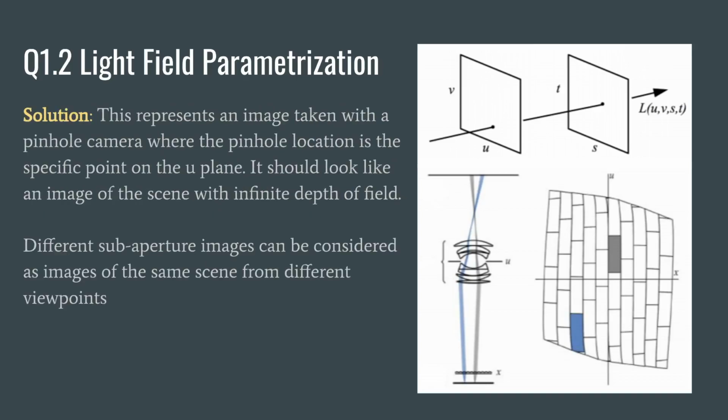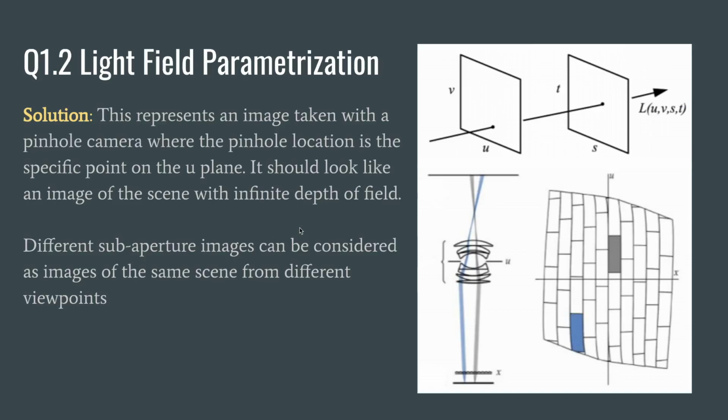Alright, so this represents an image taken with a pinhole camera where the pinhole location is the specific point on the U-plane. It should look like an image of the scene with infinite depth of field.